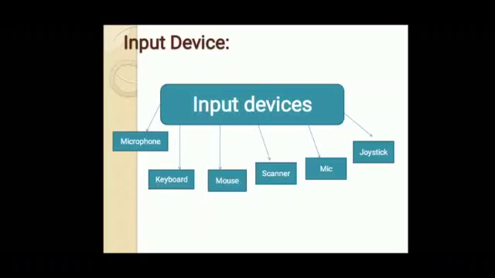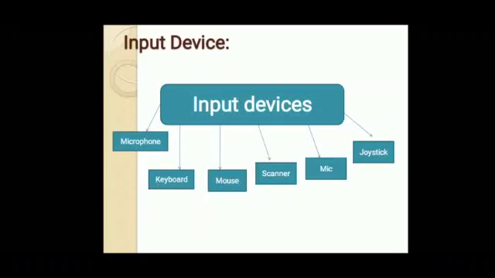The microphone. Microphone is for recording sound. We are recording our sound and sending it to the CPU. Keyboard, we are typing the data and sending it to the CPU. Mouse, we are clicking and giving the instruction to the CPU. Scanner, we are scanning the hard copy, any images or any data, and sending it inside to the CPU.